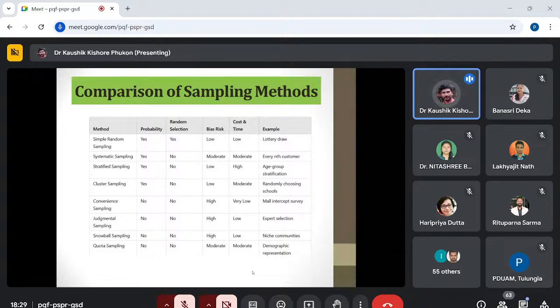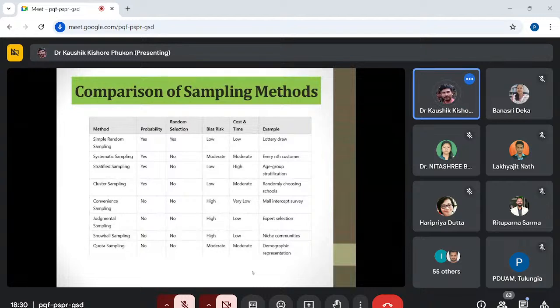In systematic sampling, no random selection, all are no. Then bias risk: in simple random sampling the bias risk is low, and in convenience sampling and judgment sampling, bias risk is high.